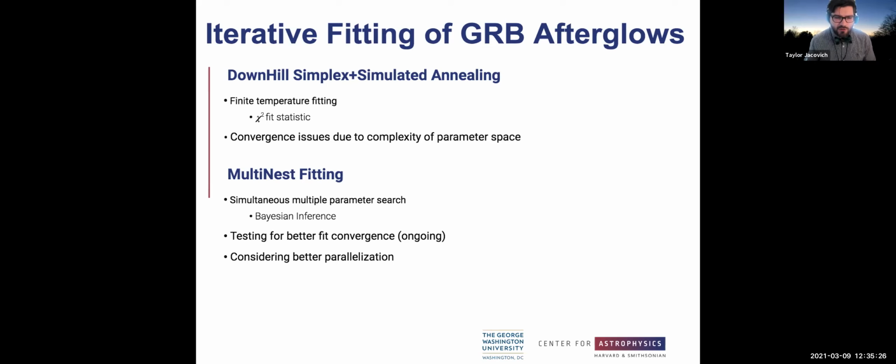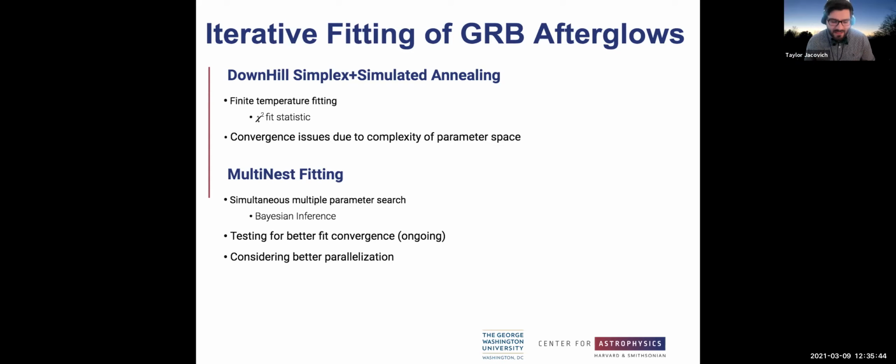But just to quickly summarize before we move on, in the GRB afterglow case, we have these physical models that we can use to map out the general parameter space of observed GRB afterglows.